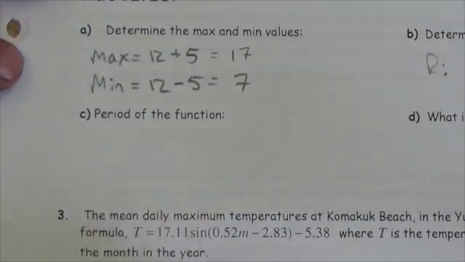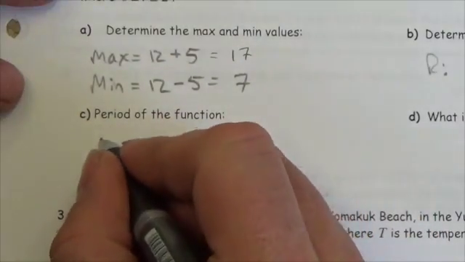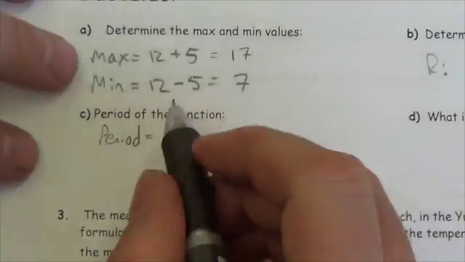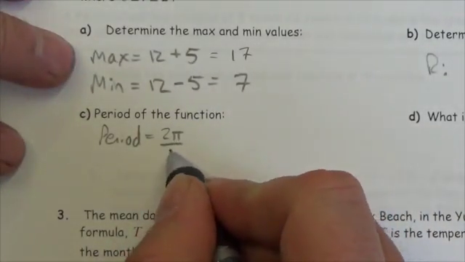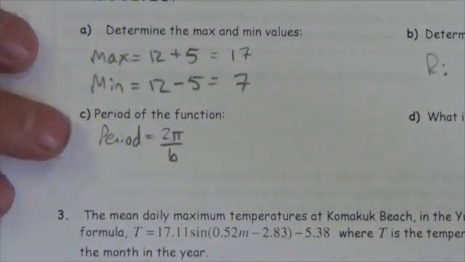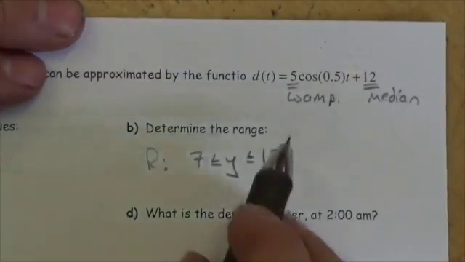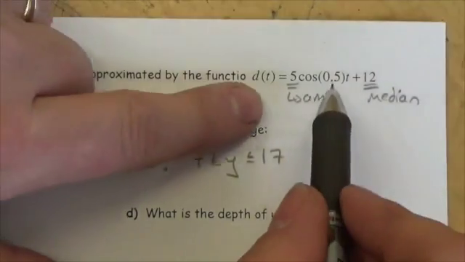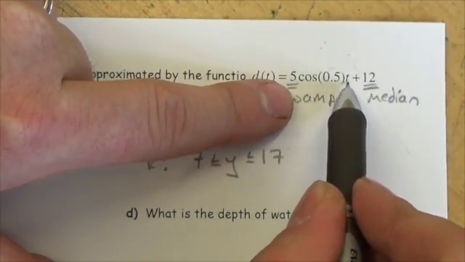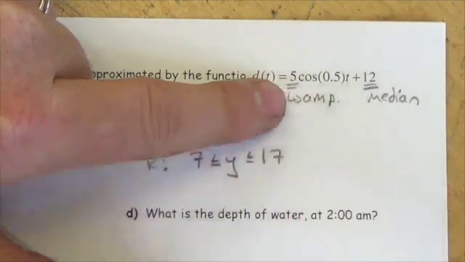The period of the function, well, the period is related to the b value. And remember, when we're talking about word problems, we want to be in radians. So this is going to be 2 pi divided by the b value. Now we've got to go back to the function to figure out what the b value is. B shows up within the function, and it's the number that's multiplied by the variable here, so 0.5 times t.